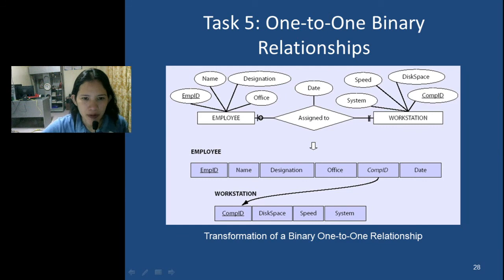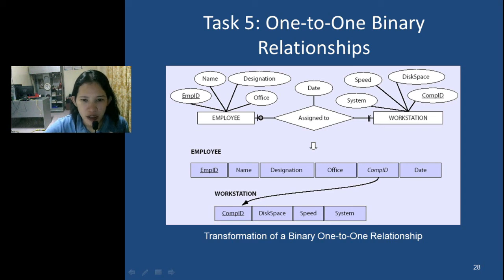For example, we have the employee assigned to workstation ER diagram. So the employee here has an optional side and the workstation is the mandatory side. So this is binary and it's one-to-one. So the first thing is we have to copy the employee table and its attributes: employee ID, name, designation, and office.